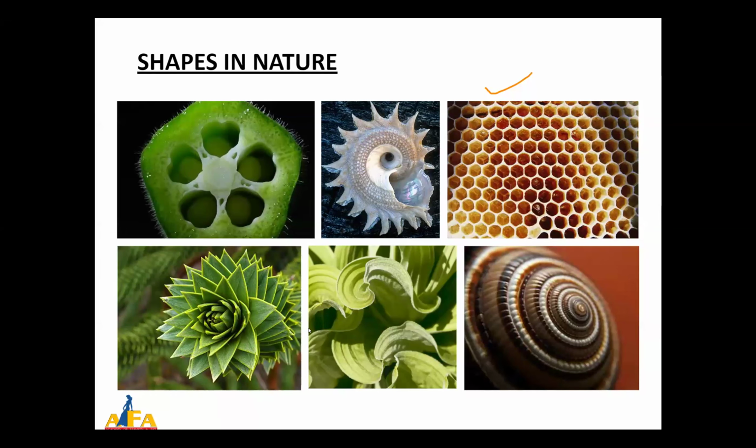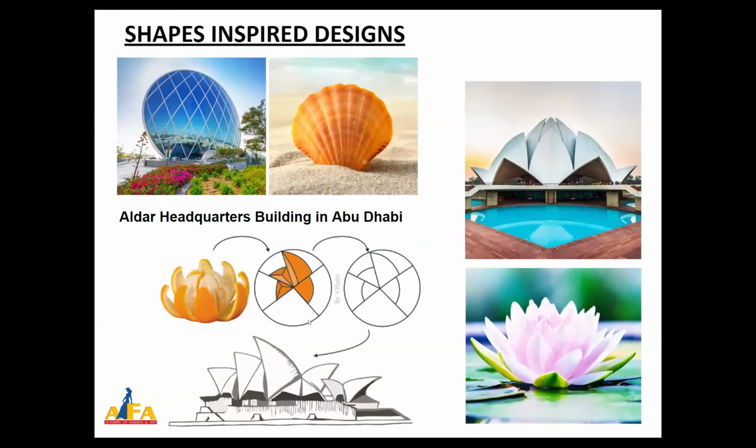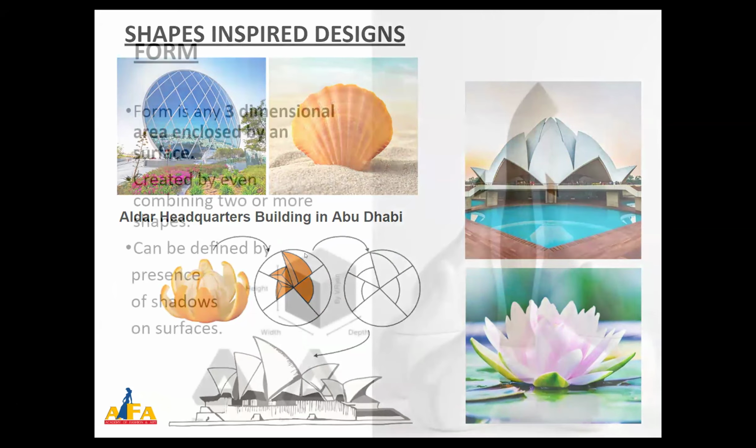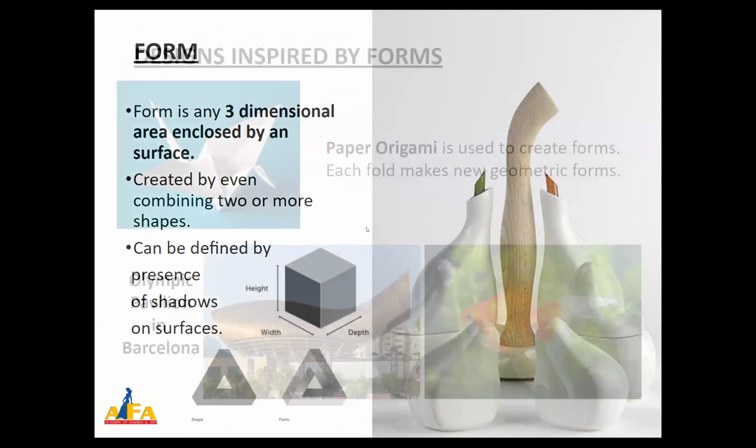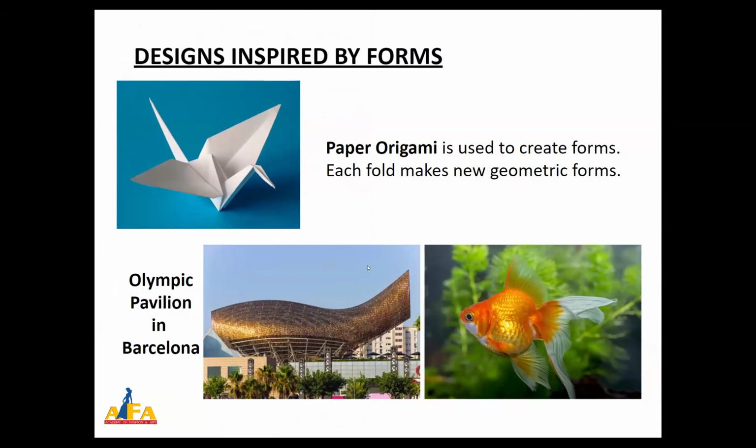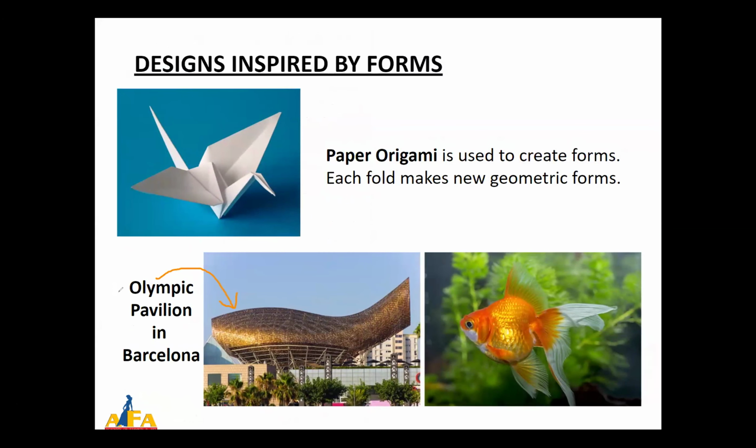The slide is very beautiful. Now shapes inspired forms. So you can see this Aldar headquarter building in Abu Dhabi, which is inspired from shell. I already told you about Lotus Temple. Now look at these. Same thing with the forms. So I'm just speaking on the examples. I hope you can see the fish. So look at this Olympic Pavilion in Barcelona, which is inspired from this form of fish.